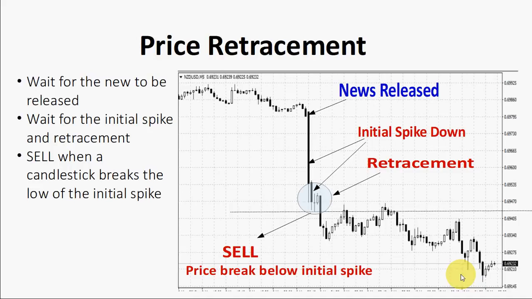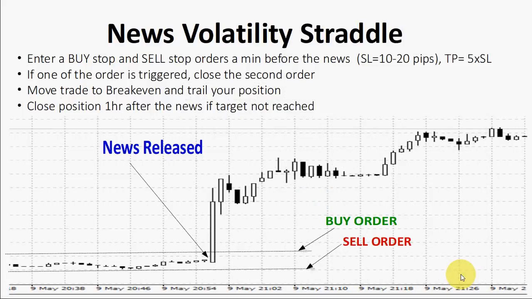The second strategy is called the news volatility straddle. Okay, this you have to take action before the news. Just one minute before the news, you enter buy stop and sell stop orders into the system at predetermined points above and below the current price.